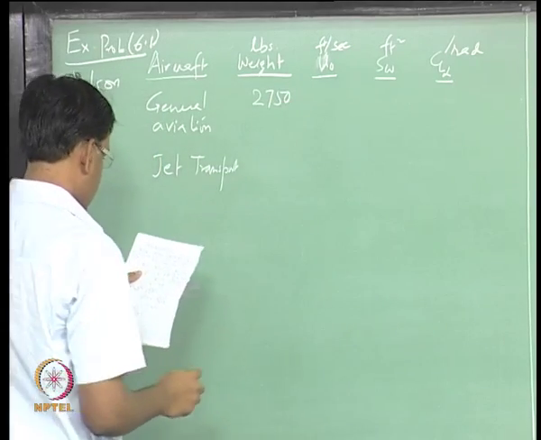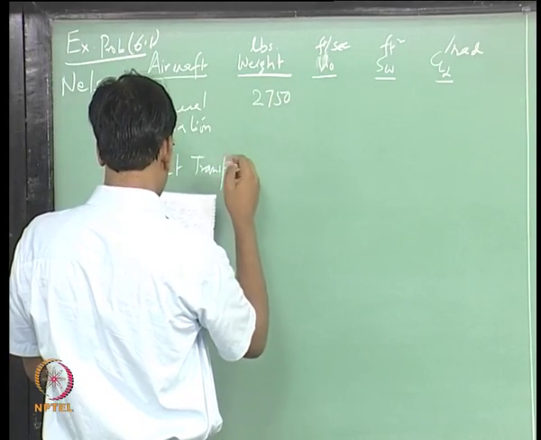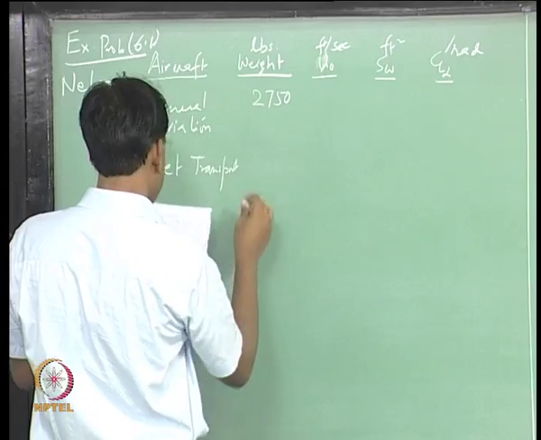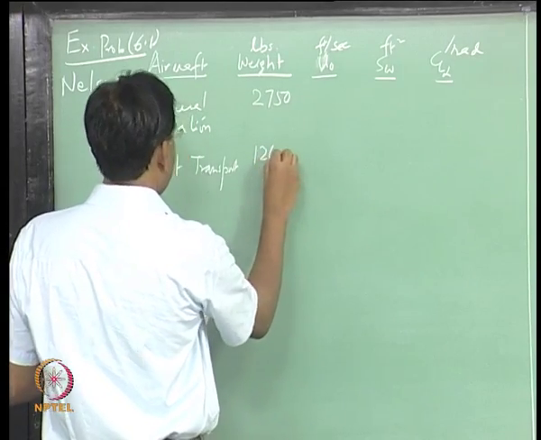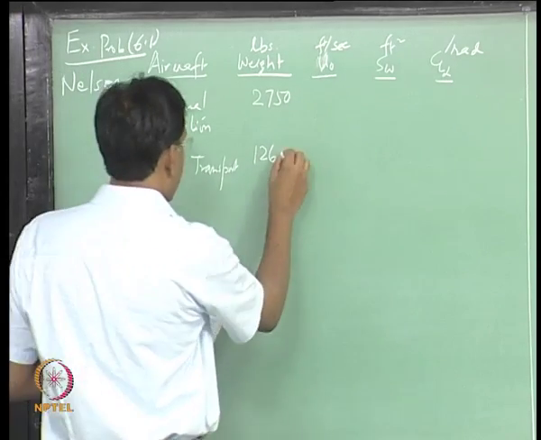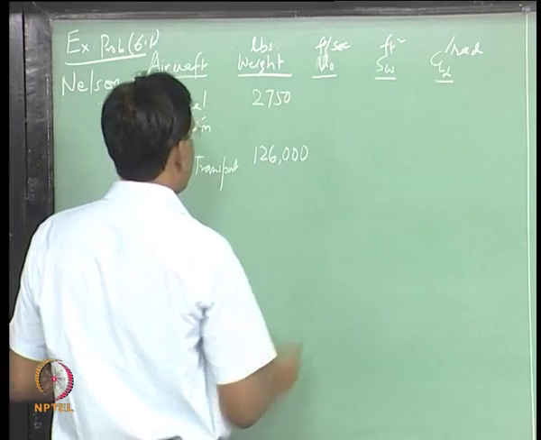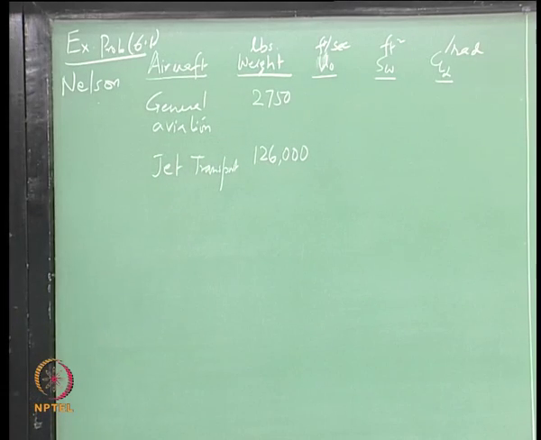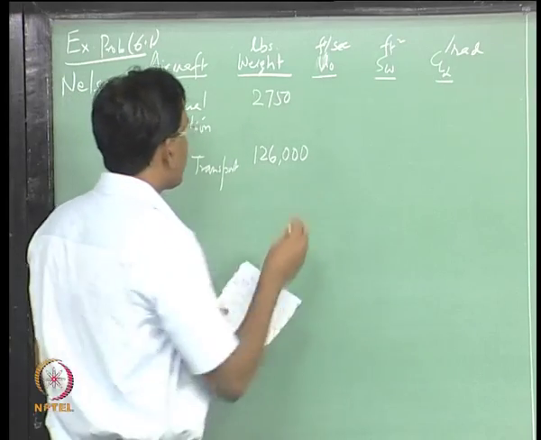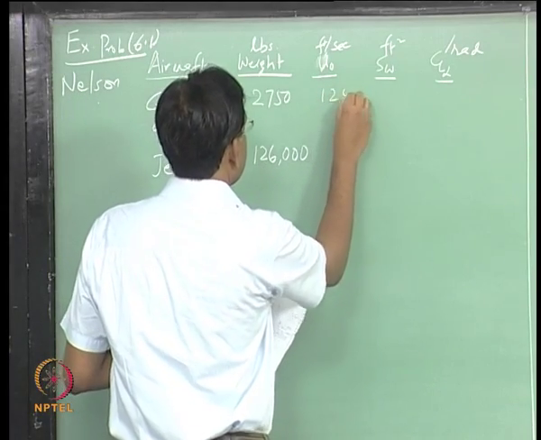Weights are 2750 pounds for the general aviation aircraft and 126,000 pounds for the jet transport. Speeds here are different.